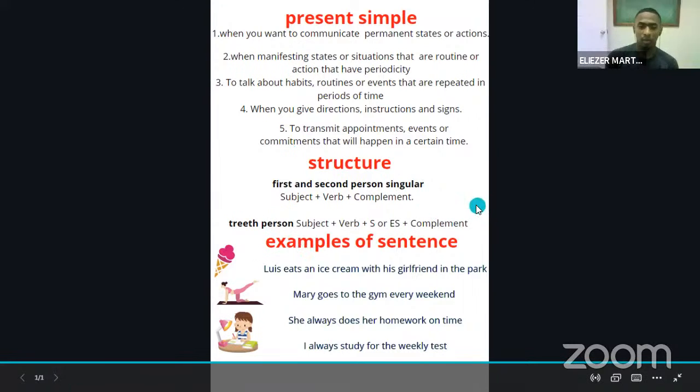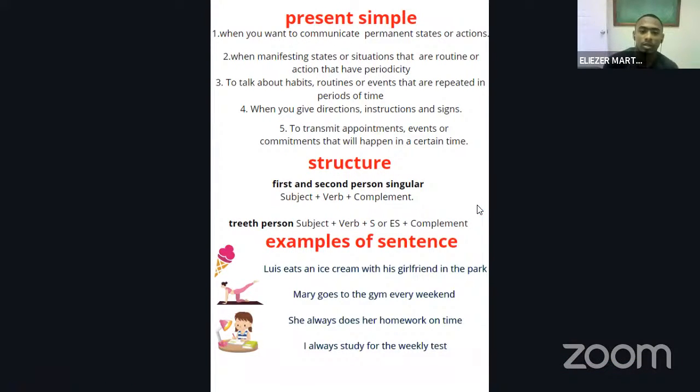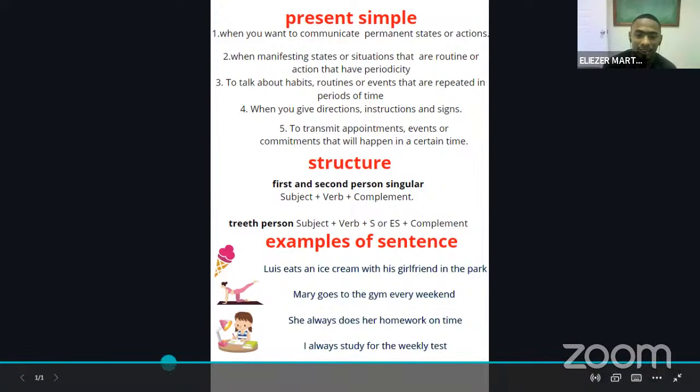Okay, I'm going to explain to you about the present simple structure. For first and second person singular, we need to have subject plus verb plus complement. And I forgot, teacher, to do the question sentence and negative sentence.